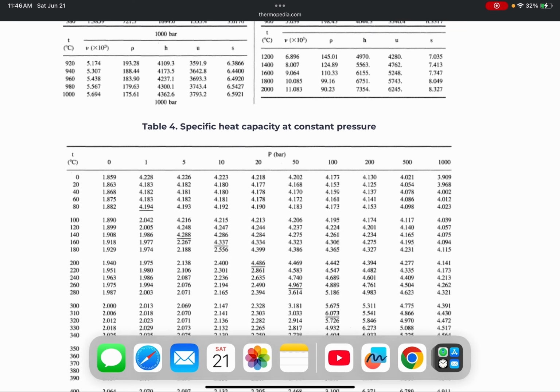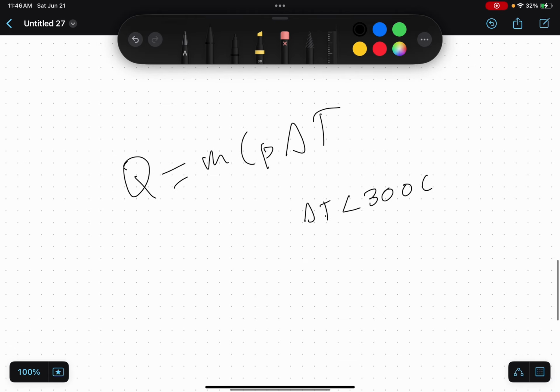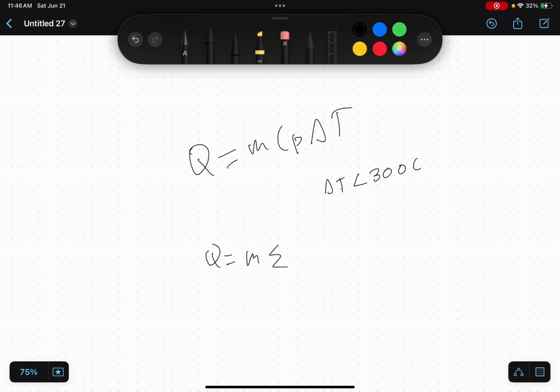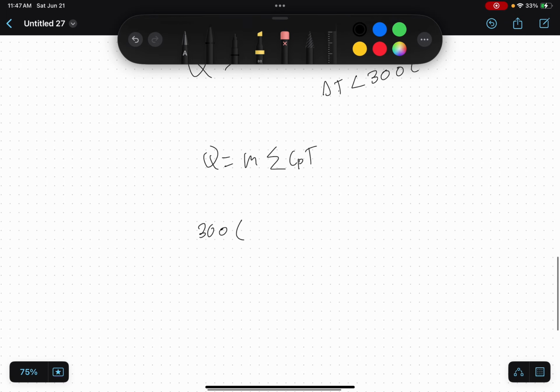But if you want to properly do it, like if you're writing code to do this m Cp delta T, you would do Q equals m times the sum of Cp delta T. So you would go, let's say you start at 300 Celsius and your Q is, I don't know, like 2000 kilojoules.